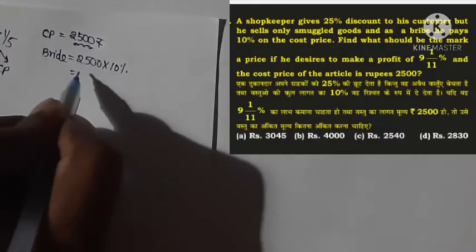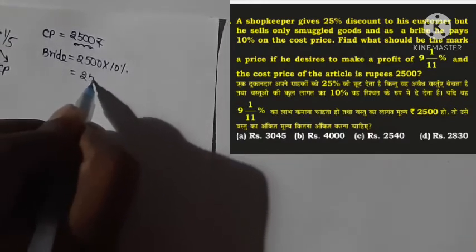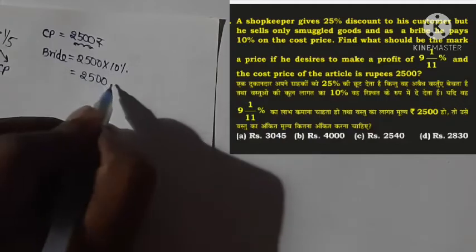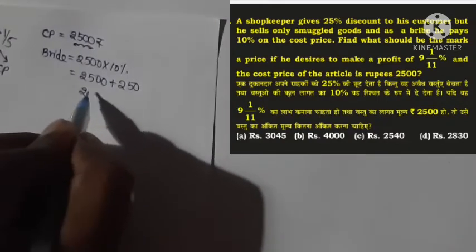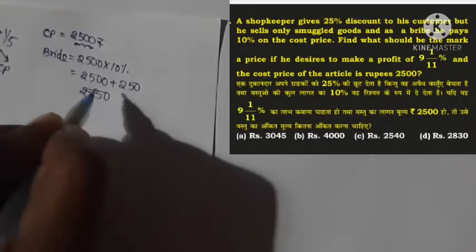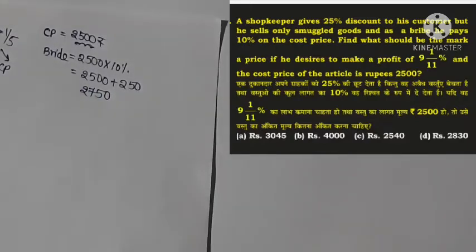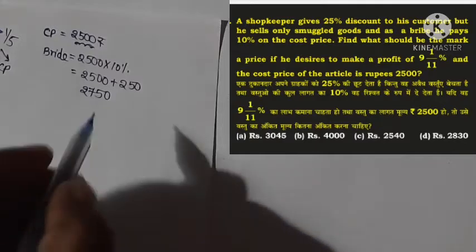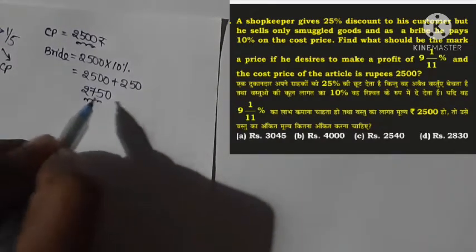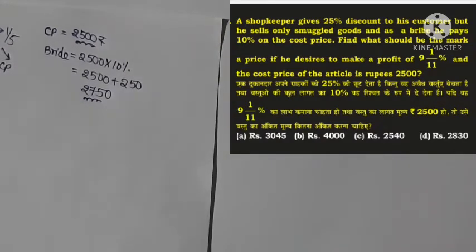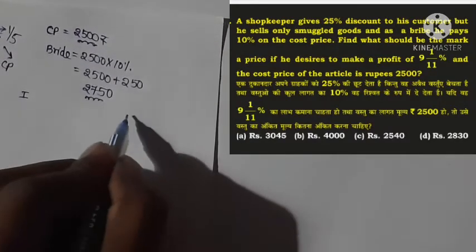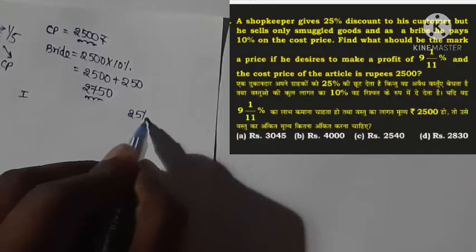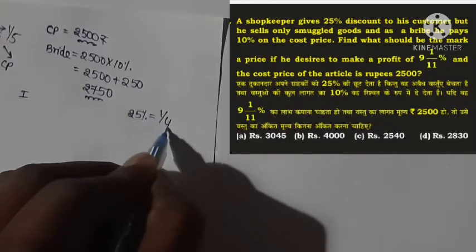So the actual cost price is 2500 plus 250, so the value is equal to 2750. So a shopkeeper gives a discount. If the cost price is 2750, the discount is 25%. So 25% is 1 by 4.